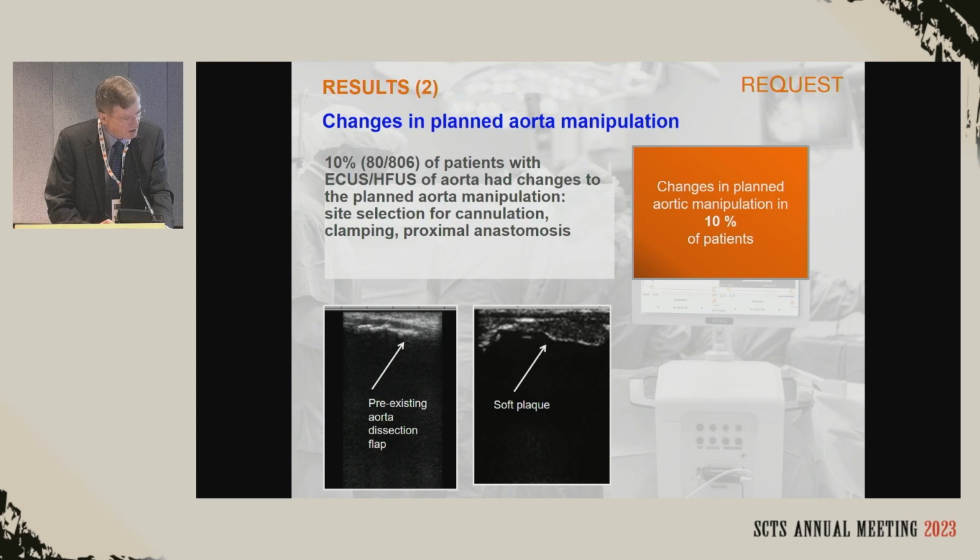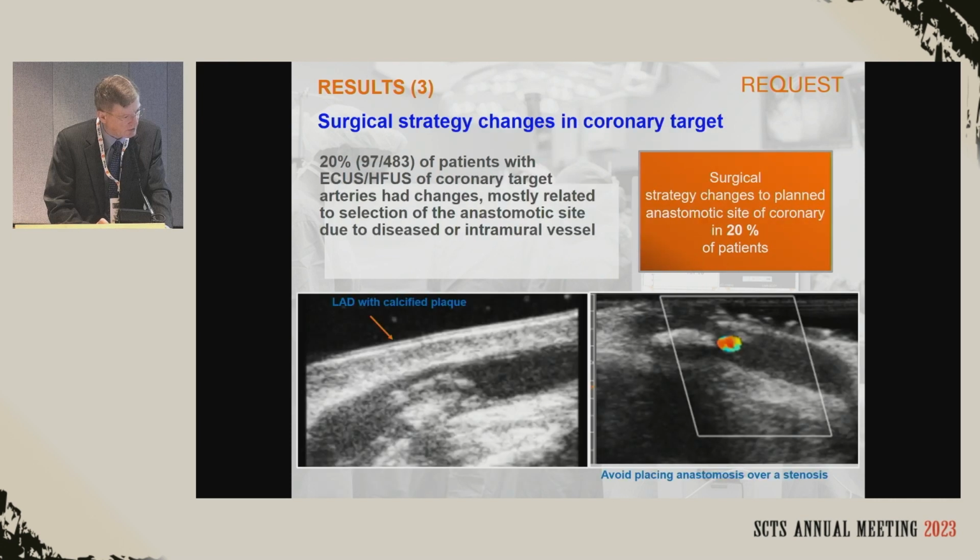In about 10% of cases, the choice for aortic manipulation or site of proximal anastomosis was altered by the routine use of these tools. And similarly, about 20% of patients had refinement of the choice of distal anastomotic site on the coronary artery by use of the epicardiac ultrasound.